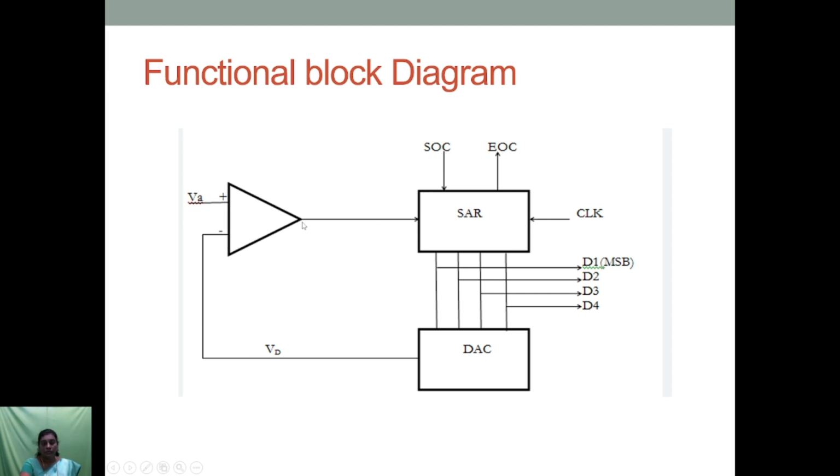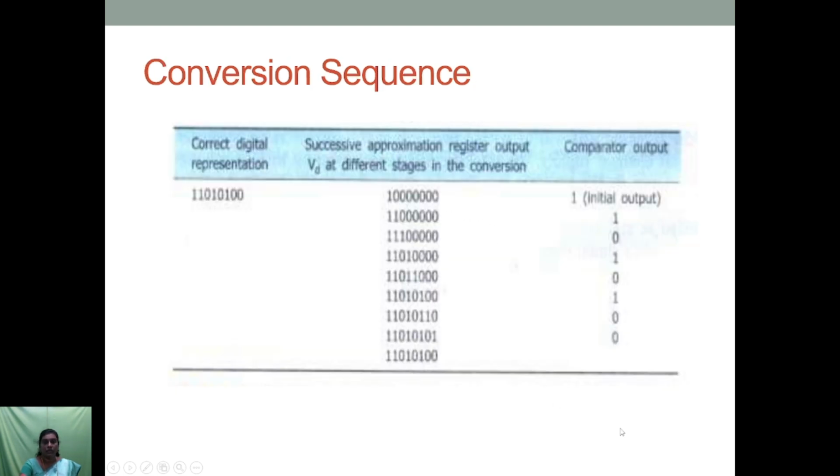The output of the comparator is given to the successive approximation register. We can explain the operation by using the truth table. Initially, whenever the circuit receives the start of conversion, the MSB bit is set as 1.